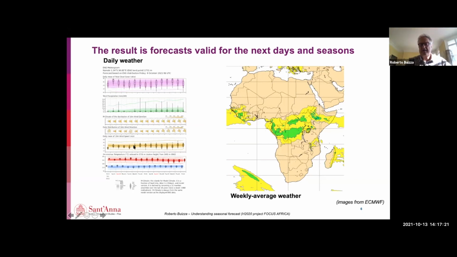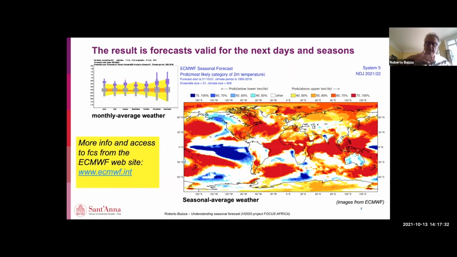Then we produce maps like the one that you see here on the right. It shows the weekly average precipitation for next week. And then if we go further into the future, other types of forecasts are issued, for example, here the map that you see, which is the probability of 2-meter temperature being above or below average.